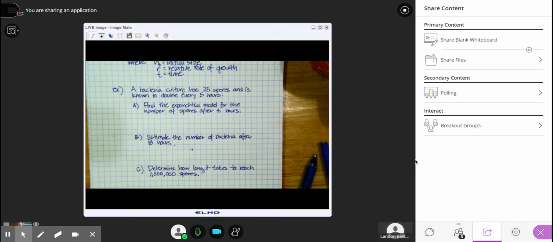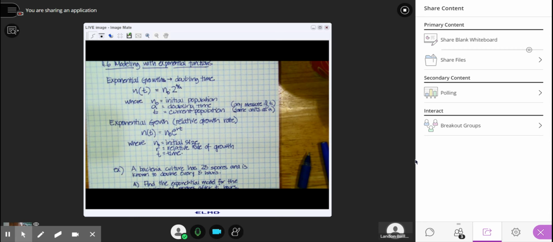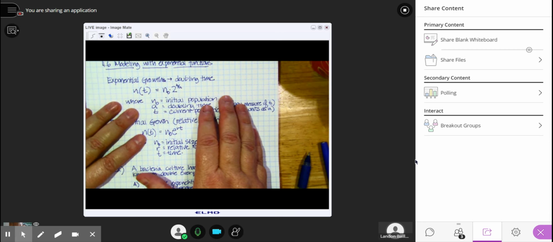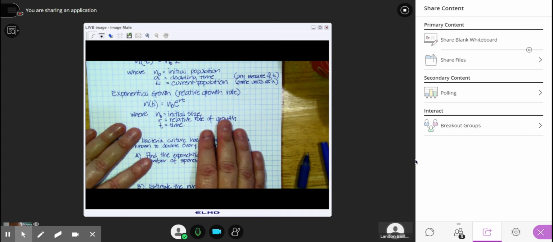With this exponential growth problem, we have the chance to use one of two formulas, the two that we just talked about. The first is used specifically when we're talking about time to double, and the second is used if we're looking for a relative growth rate.